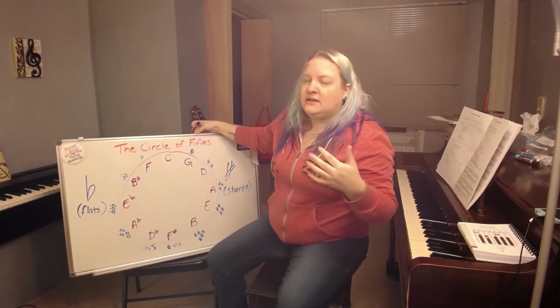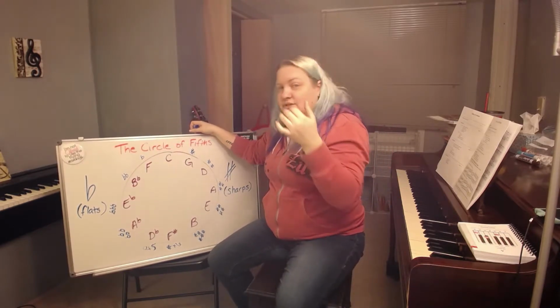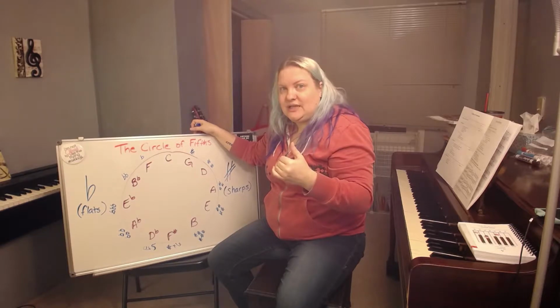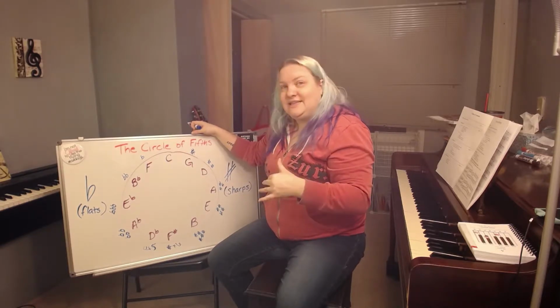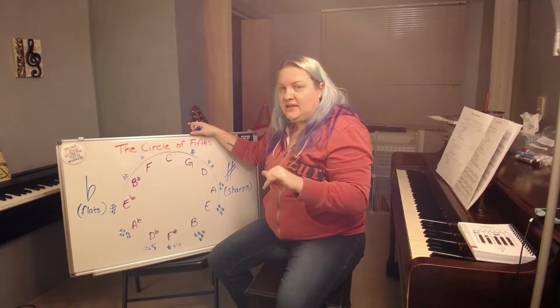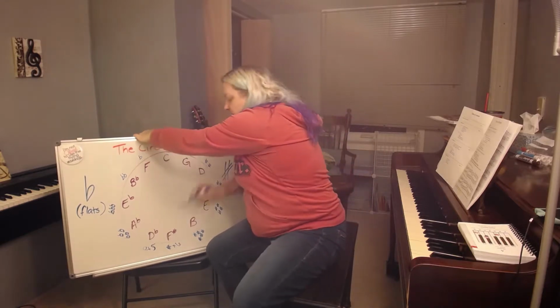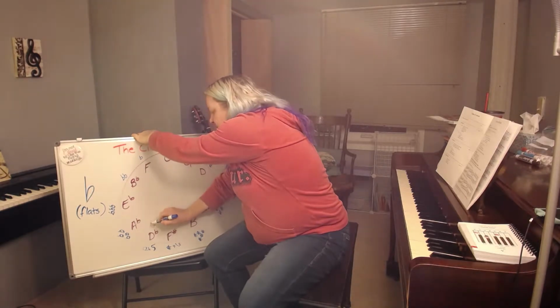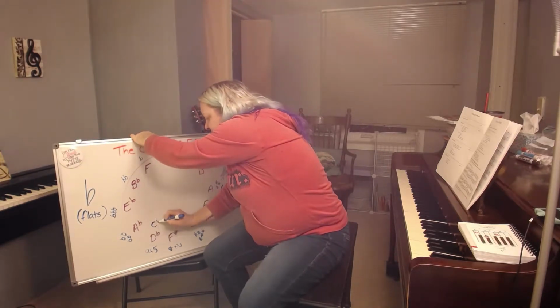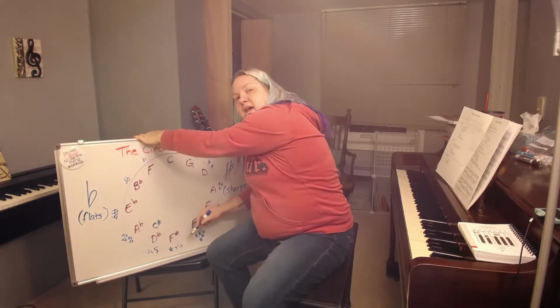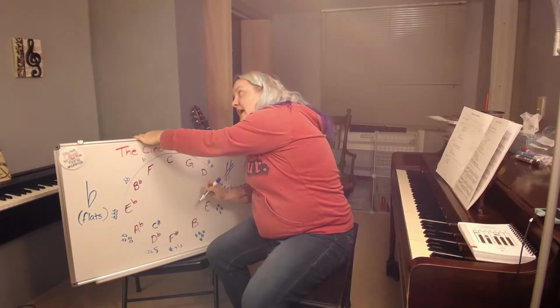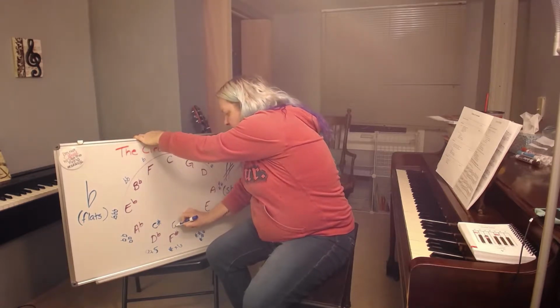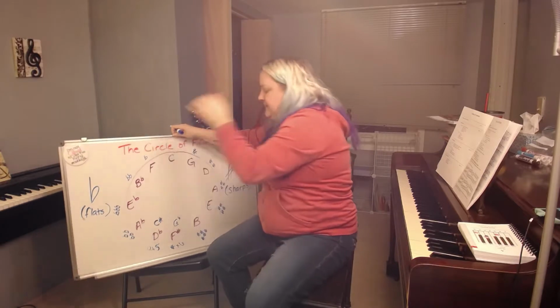Now, a little caveat: there are 2 additional keys that aren't really listed here because they're either-or keys, either D flat or F sharp. D flat is also known as C sharp, and F sharp is also known as G flat.